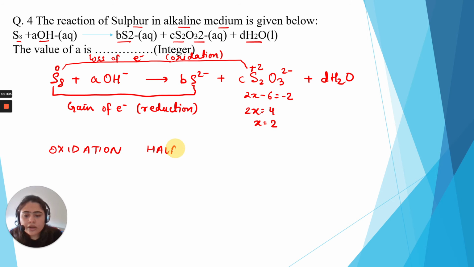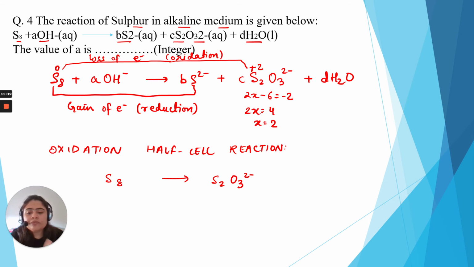Now let us balance this oxidation half cell reaction. It will be S8 to S2O3 2-. First step, we need to balance the atoms. Here we are having 8 sulfur atoms, here we are having 2 sulfur atoms, so we'll multiply by 4 to balance the sulfur atoms. Now we'll balance the oxygen atoms.